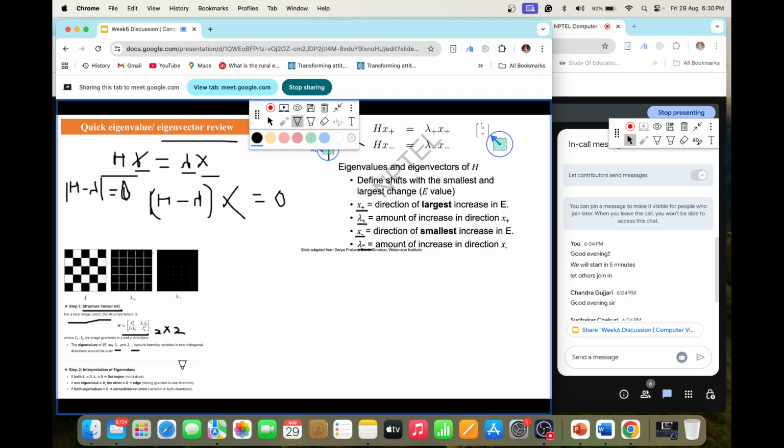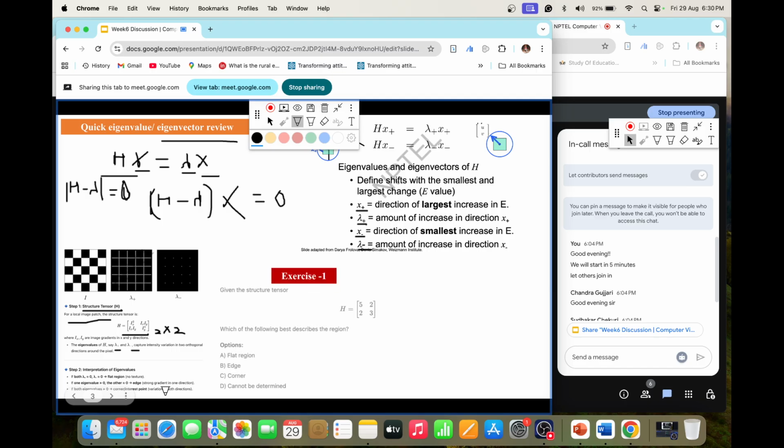In that case you will consider this feature as your edge. And it is a corner if both your eigenvalues are large. So that is a corner.